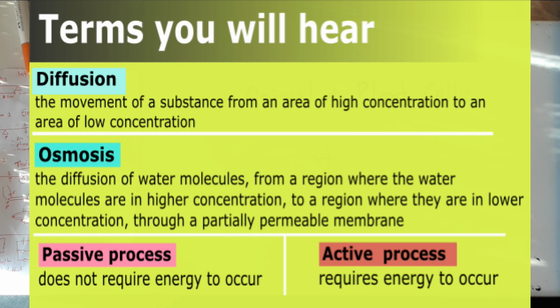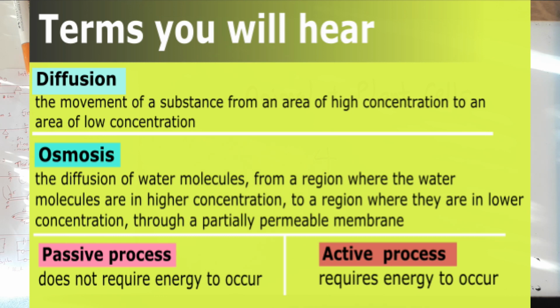Passive means it will occur naturally. You leave it alone and it will happen. An example of passive is diffusion or osmosis. If you spray perfume in one corner of the room, without you fanning it or trying to push it, the perfume molecules will spread across the room.